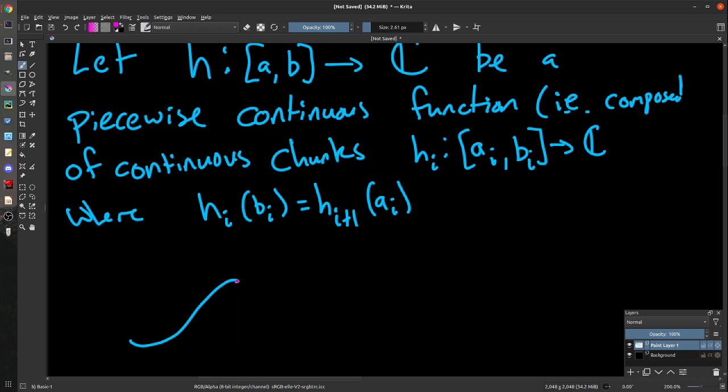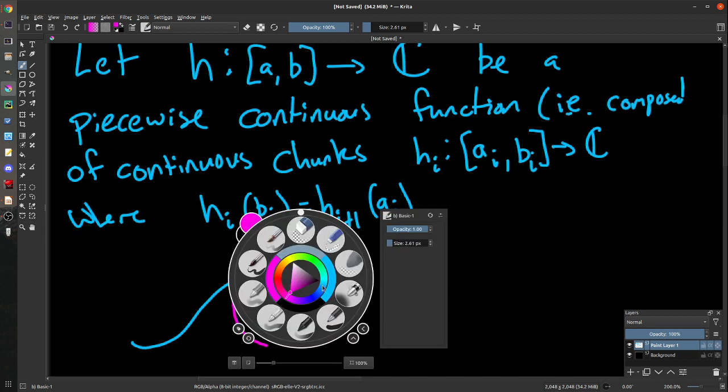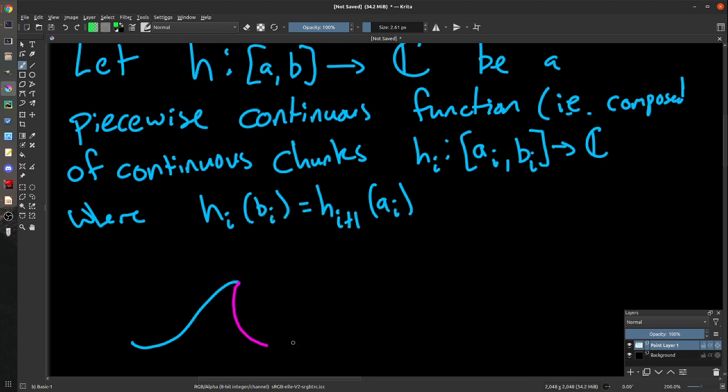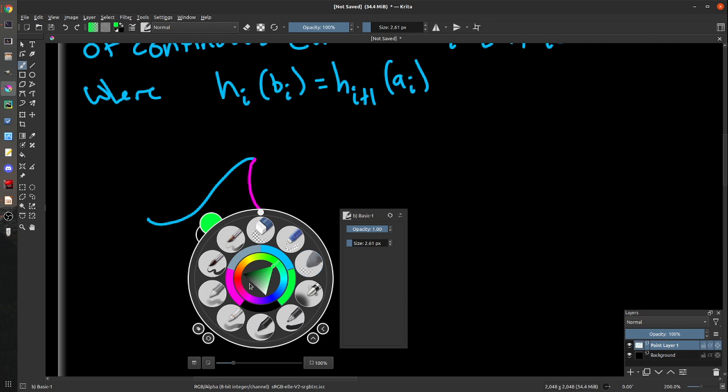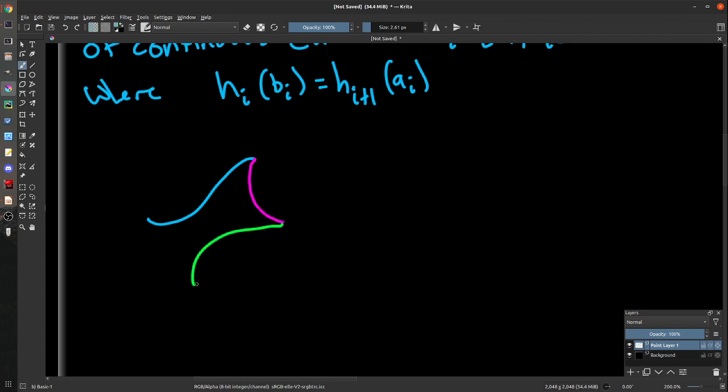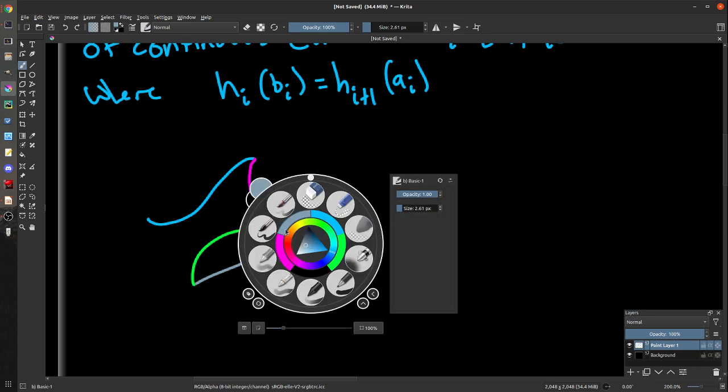But you could have it go like this, and then maybe you've got another chunk, and this guy goes back over here. So you can have these kind of harsh turns.